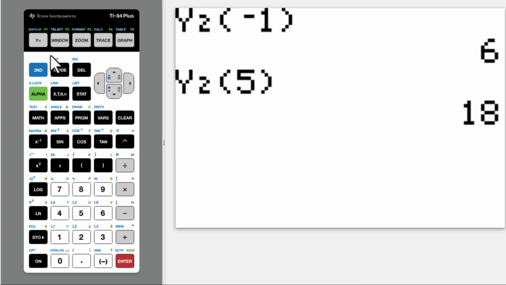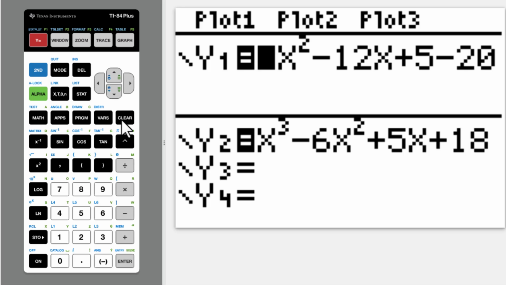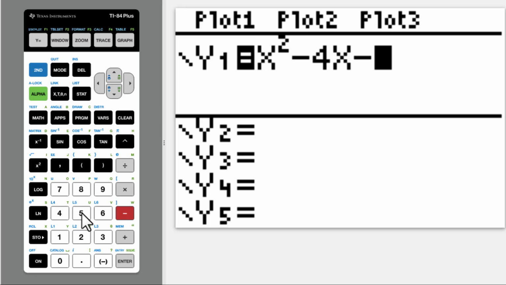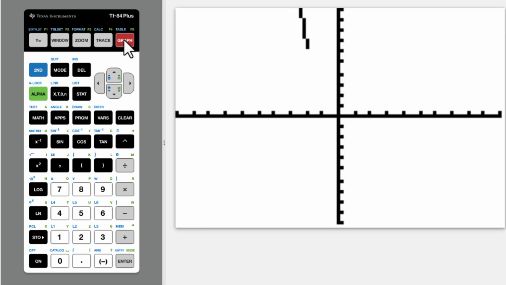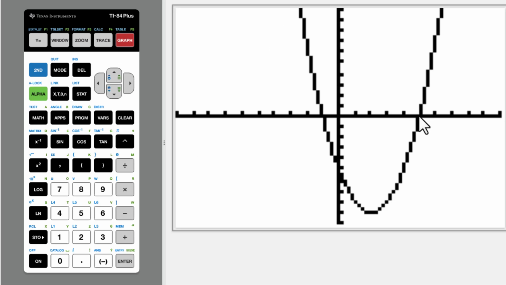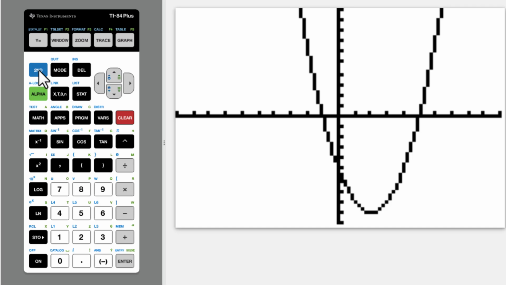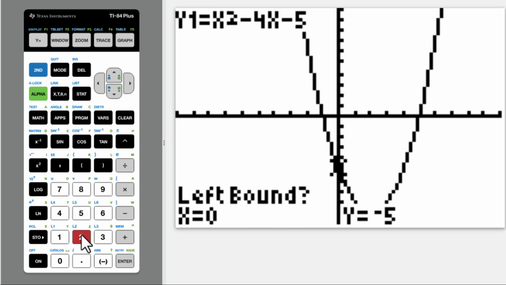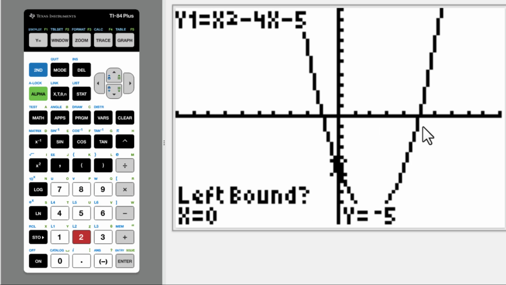Then we go to the calculator. Go to y equals x squared minus 4x minus 5. Go to graph. Since a is positive, let's use the second trace to calculate the zero. Option 2, a is positive.